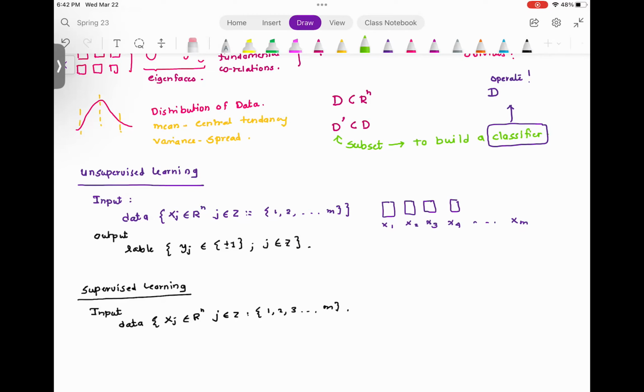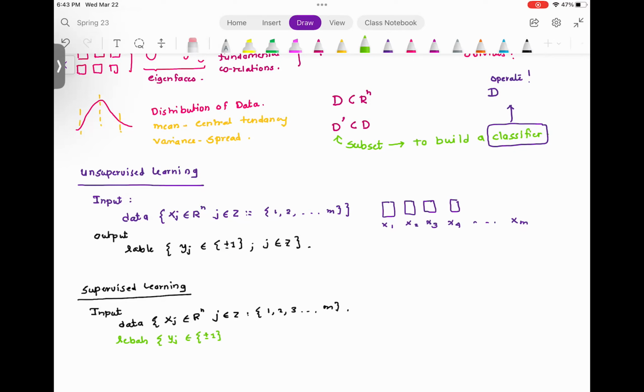But in supervised learning, you are going to specify the labels. So you are assigning the labels from the get-go. So you have y_j's that belong to plus or minus 1, because I say either it is cats or dogs.